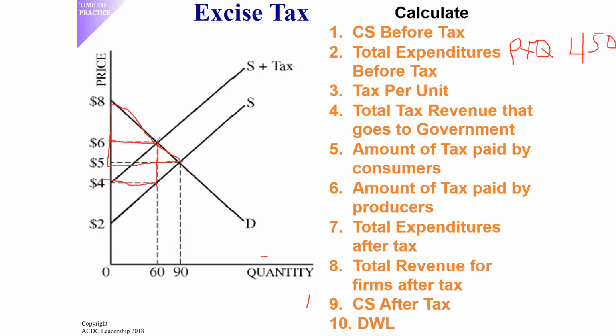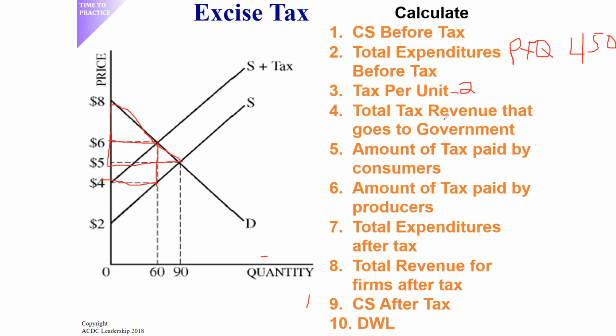So the new equilibrium is 6 minus, when I go straight down to this line, 4, the tax is $2 per unit. Okay. Now, I could use this line too, the 4 to the 2. Any line between the two supply curves will work.